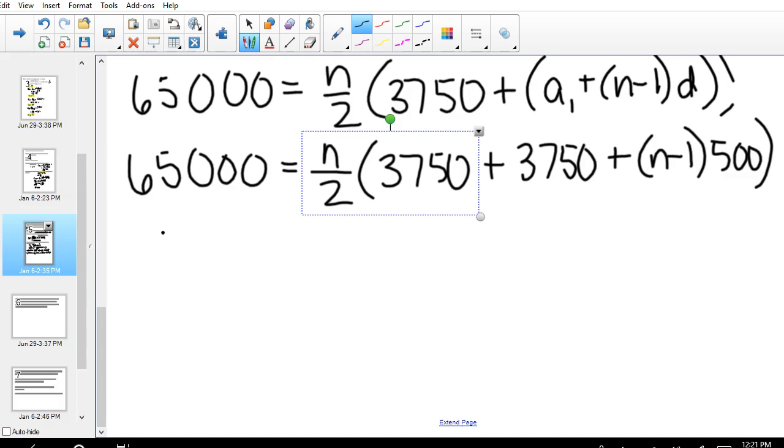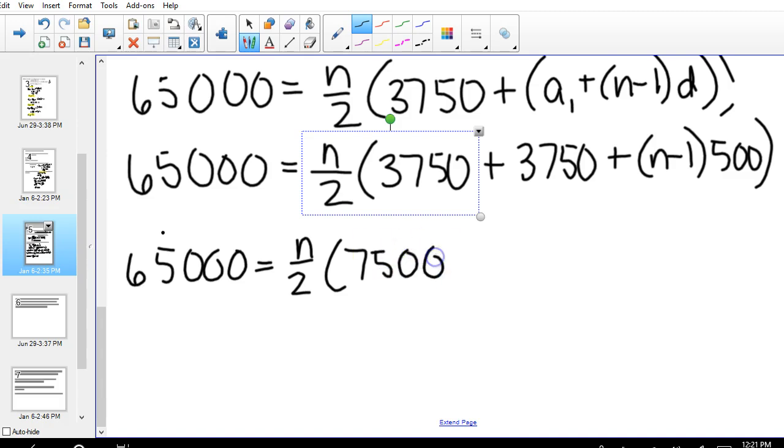Now, it looks pretty complicated, but this is better, at least, because now the only variable you have there is n. So we can solve this equation for n. I would start by combining the stuff in the parentheses. 65,000 equals n over 2 times, if I add those two together, I get 7,500, plus I also could distribute that 500, so that'll be plus 500n minus 500.